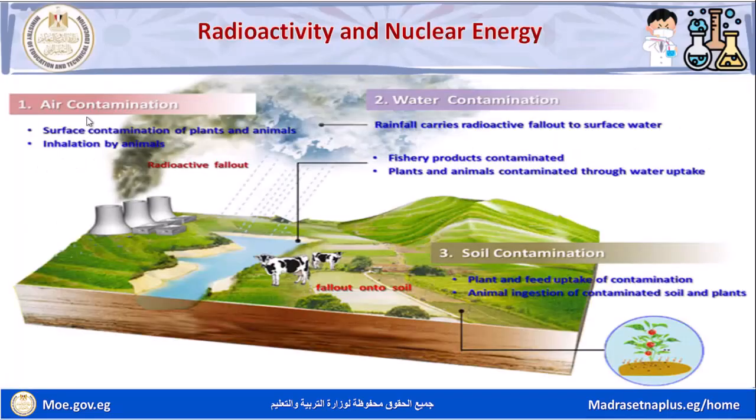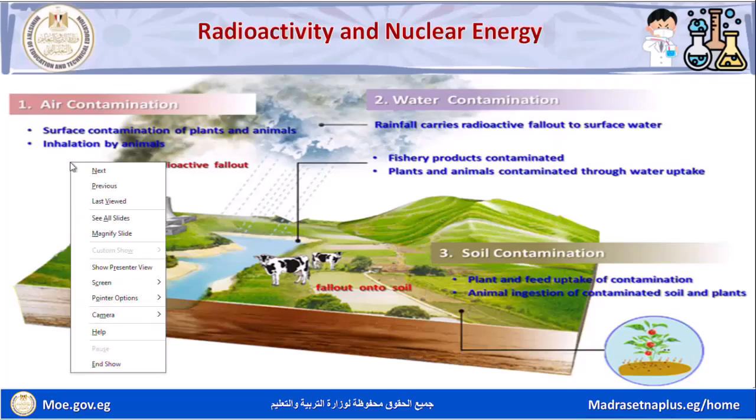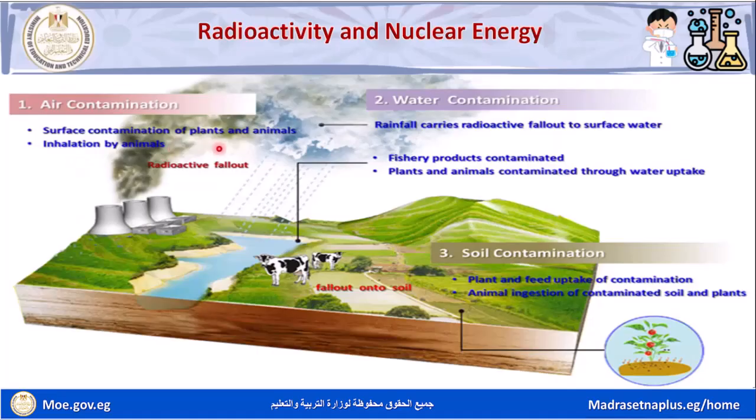Number one, air contamination or air pollution: surface contamination of plants and animals, inhalation by animals, where radioactive fallout. Number two, water contamination or water pollution. Rainfall carries radioactive fallout to surface water.